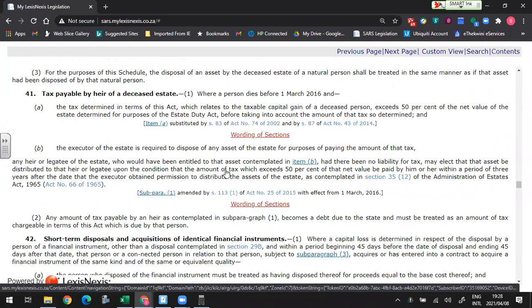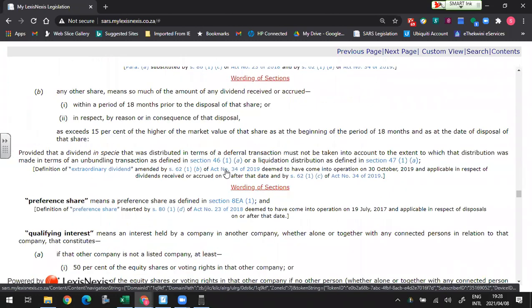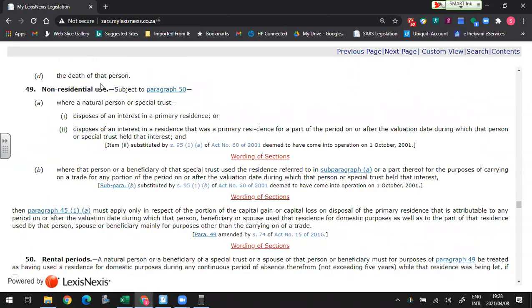And I'd look there and say non-residential use. It says where a natural person or special trust disposes of an interest in a primary residence that was a primary residence for part of the period on or after the valuation date of which a person held that interest, or where the beneficiary, then paragraph 45 must apply only to the portion of the capital gain or loss on disposal of the primary residence that is attributable to the period where the person used it as a primary residence.